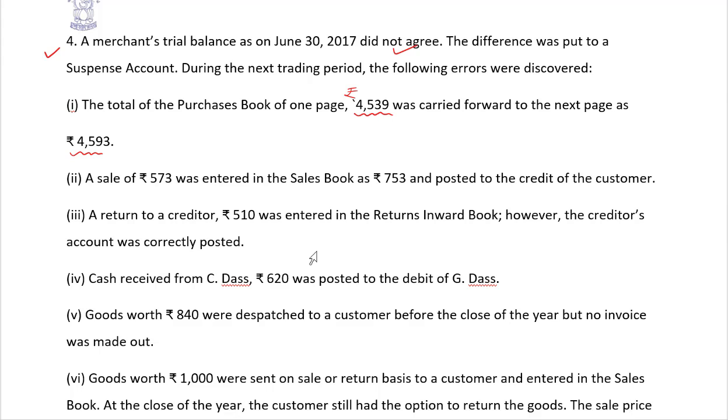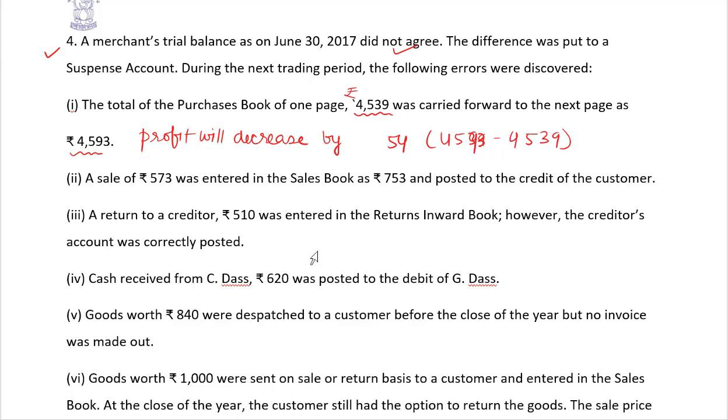We had inflated the purchases, and due to inflation in the purchases, profit will decrease. By what amount? 4,593 minus 4,539. The difference is 54. So we need to solve this error by crediting it into profit and loss adjustment account.